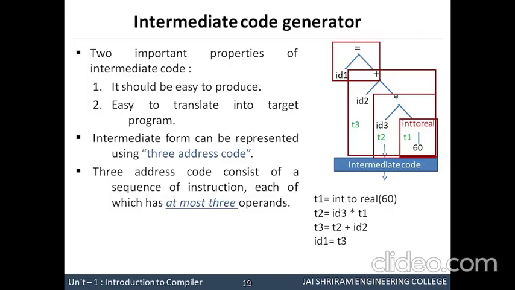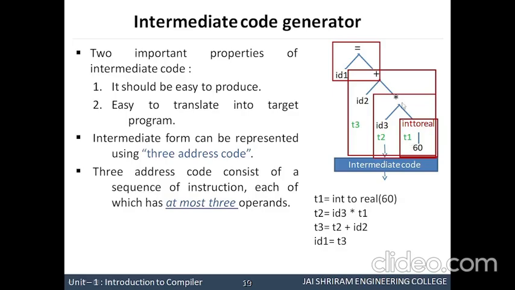Consider this example. The intermediate code generator phase gets the input from semantic analysis, like this annotated parse tree, and converts it into a sequence of intermediate representation. That means int to real is stored into temporary variable 1.